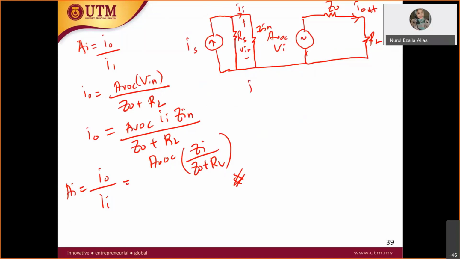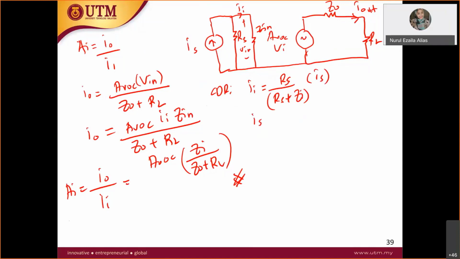I in is equal to, by the CDR, current divider rule, RS over RS plus Z in, and then you have IS here.